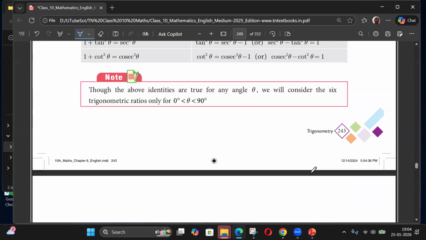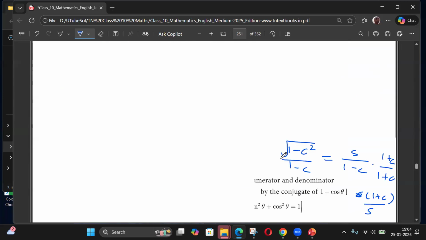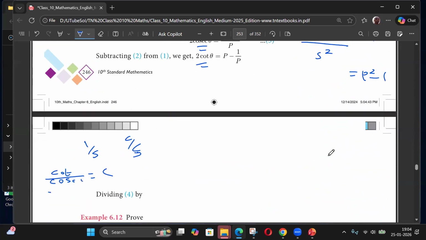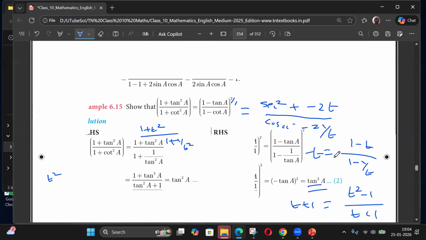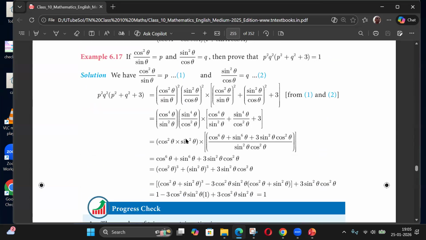So A plus B, A square plus B square minus AB. What I said was one method. They have done it by a different method, slightly different.